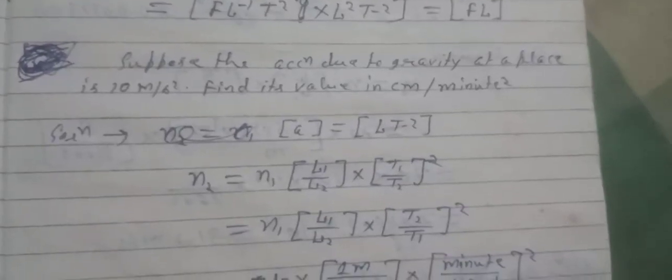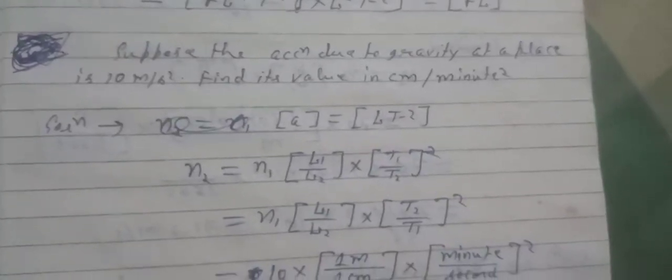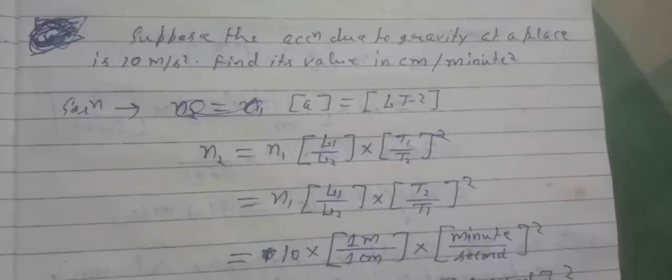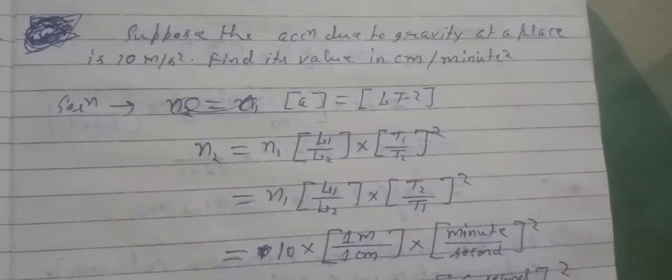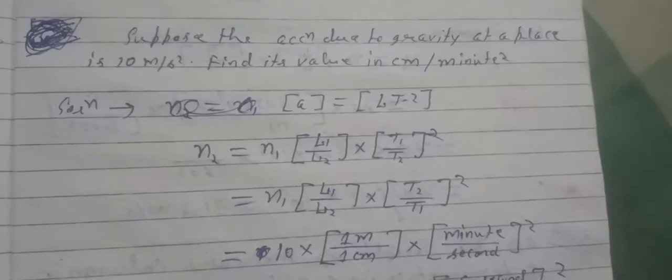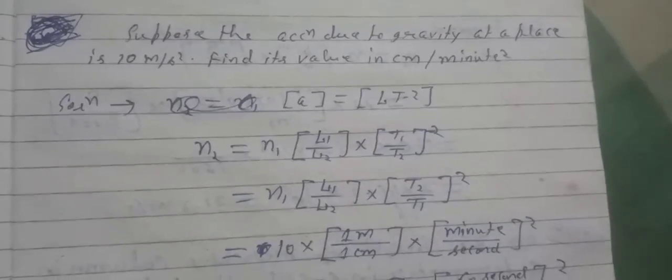Suppose the acceleration due to gravity at a place is 10 meter per second squared. Find its value in centimeter per minute squared. Here dimensionally A equals L into T to the power minus 2.